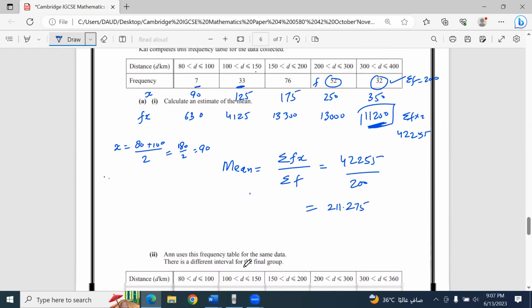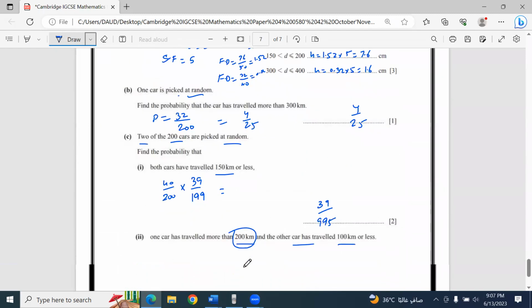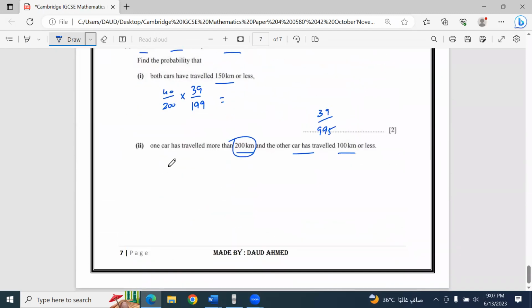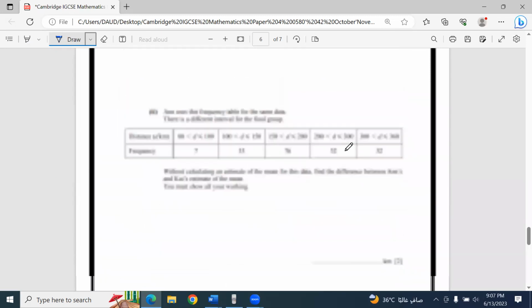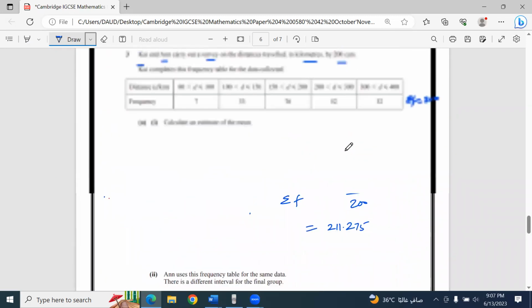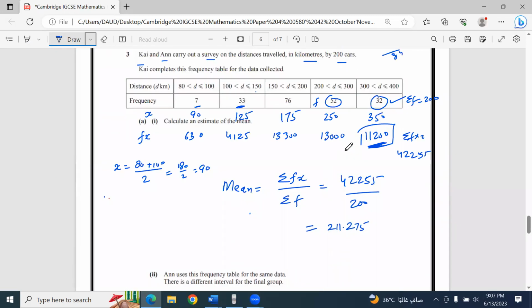So remember that for more than 200, we have 84 cars out of a total of 200, and the second car has traveled 100 or less. For 100 or less, we have 7.